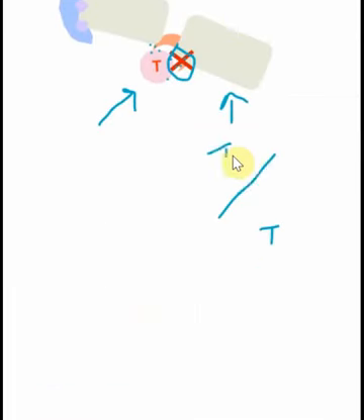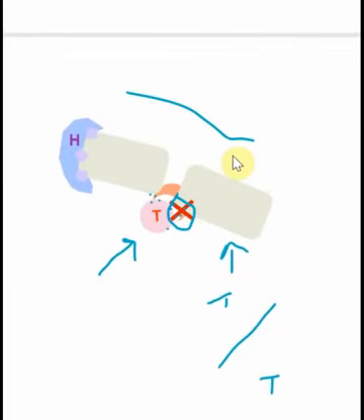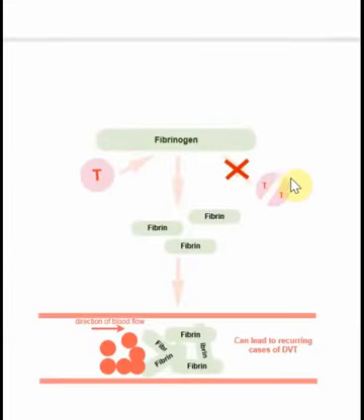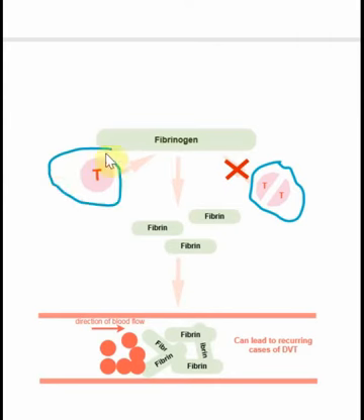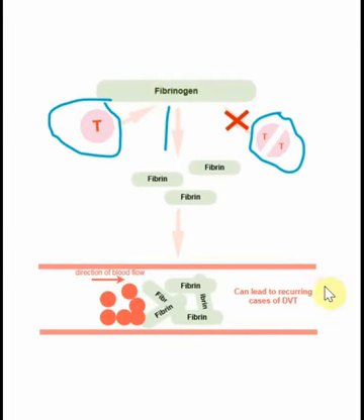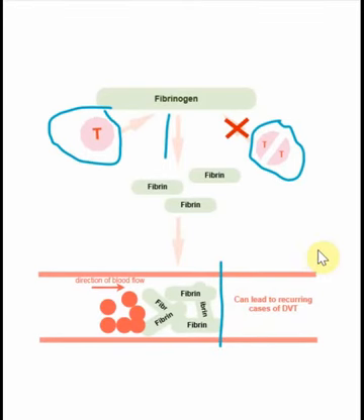When this mutant antithrombin acts on thrombin, we get some cleaved thrombin occurring, which is good, but then some that is not cleaved, which is bad, which essentially means that we are not actually stopping this pathway from occurring. So fibrinogen is still broken down to fibrin, and fibrin still forms this clotting net that we saw before. And this has been seen to lead to recurring cases of deep vein thrombosis, or DVT.